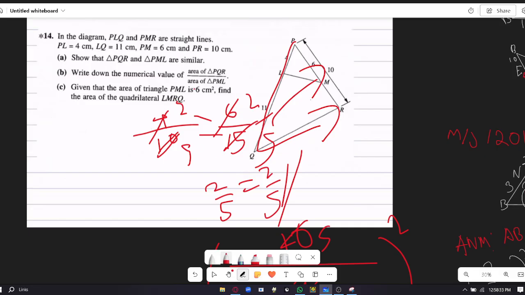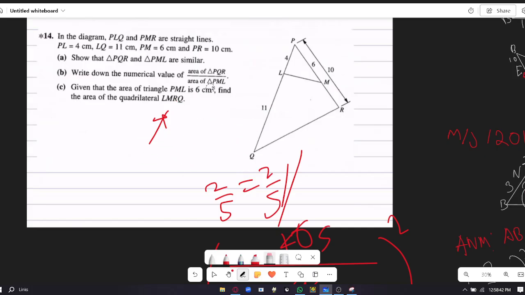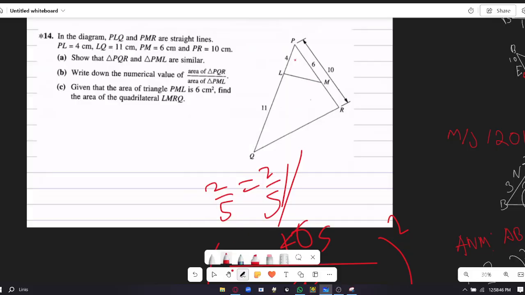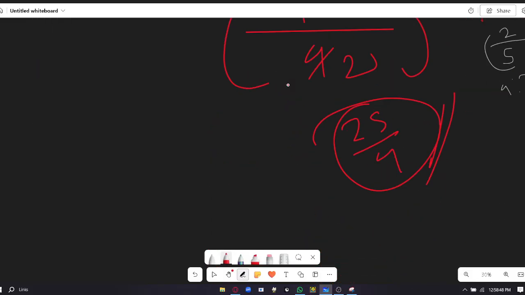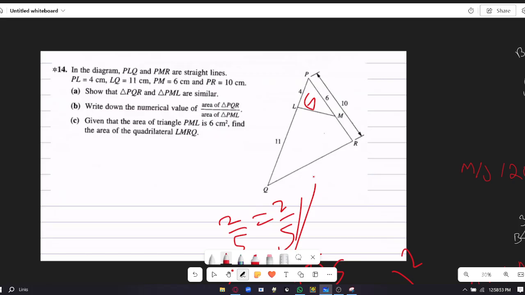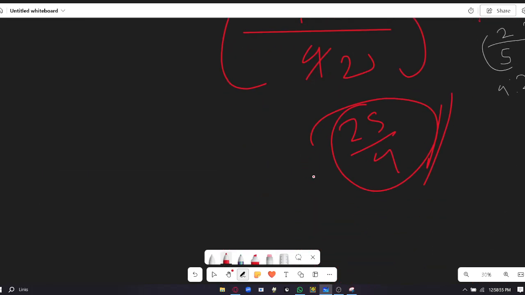Alright, given that the area of the triangle PML, oh, we gotta clear a bunch of stuff up. Okay, it says the actual triangle's area of this is 6. Now remember, this is the ratio, 25 is to 4 of PML. PML is the bottom one, so that's the 4.